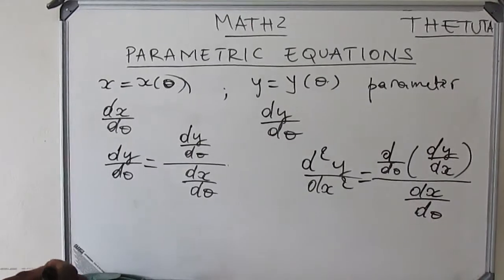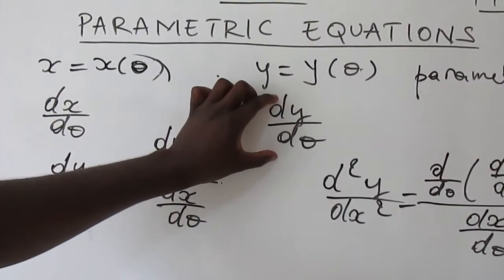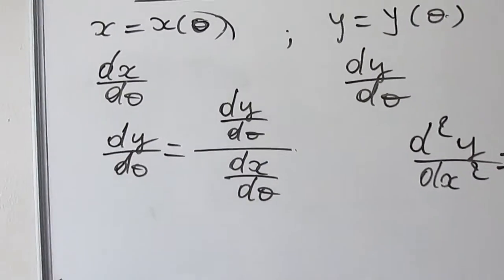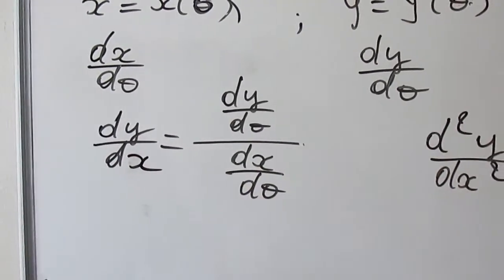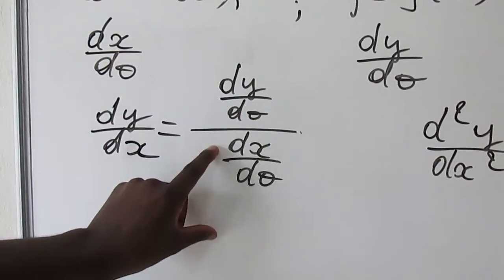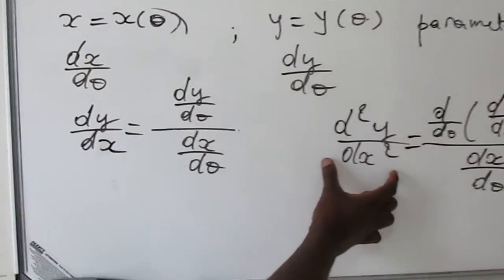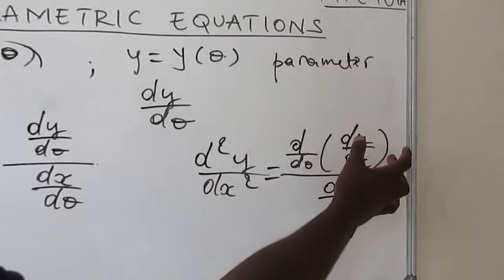First of all, you derive x, you derive y, then after that, you find dy over dx, which is dy over d theta over dx over d theta. After finding this, you find the second derivative, which is d over d theta of dy over dx.